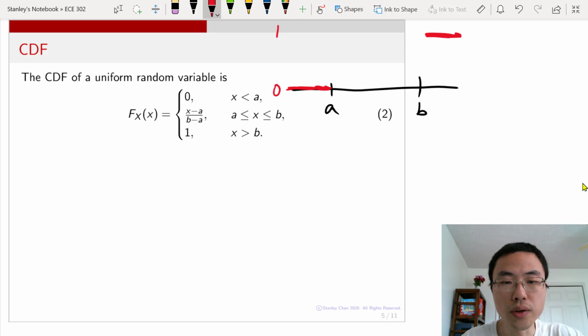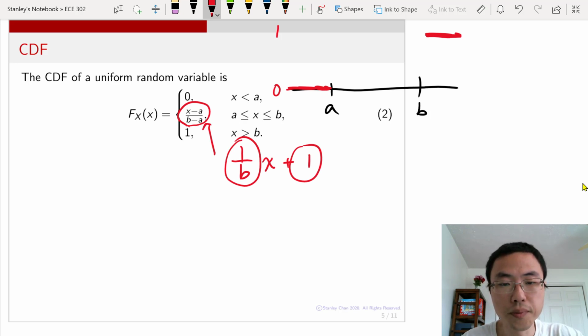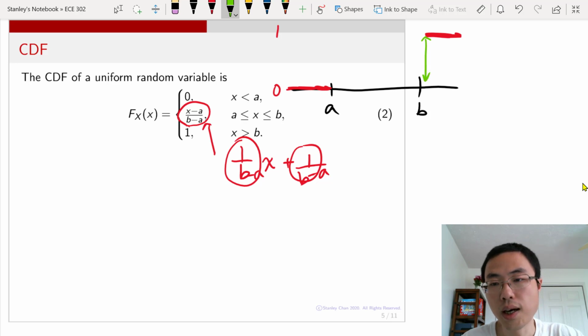In the middle, when you have x between a and b, you can write it as 1 over b minus a times x, minus a over b minus a. So this would define the slope, and this would define the y-intercept. How do you know the slope? Well, the height is always 1, and the width is b minus a.